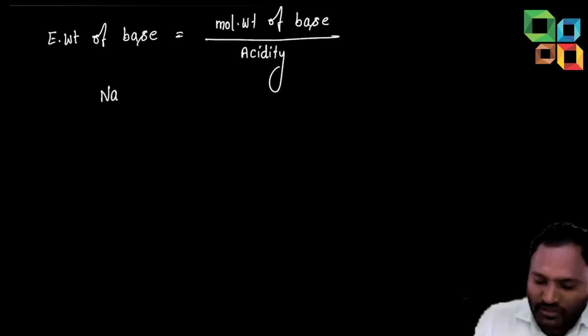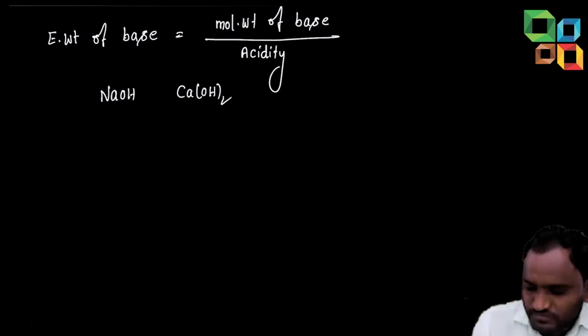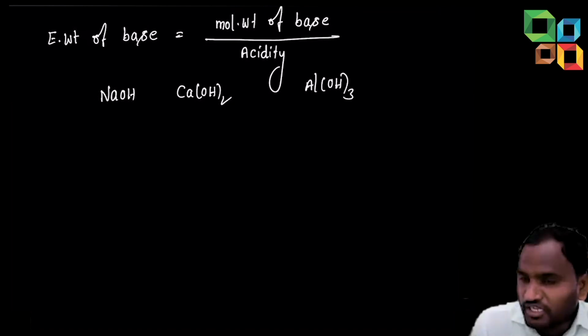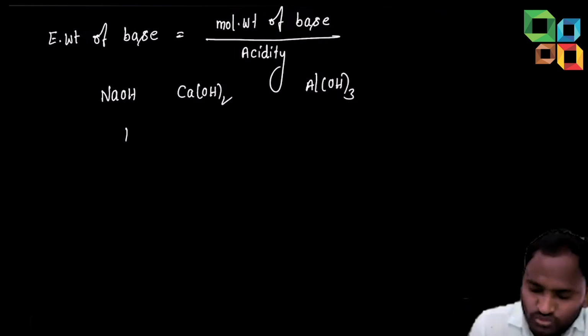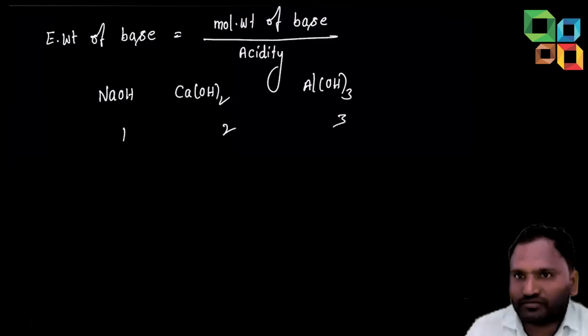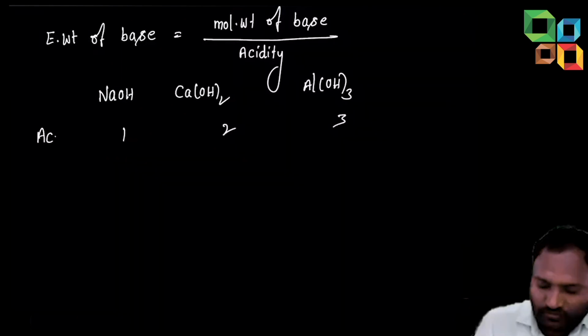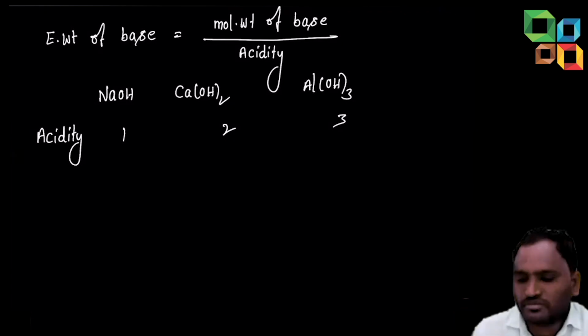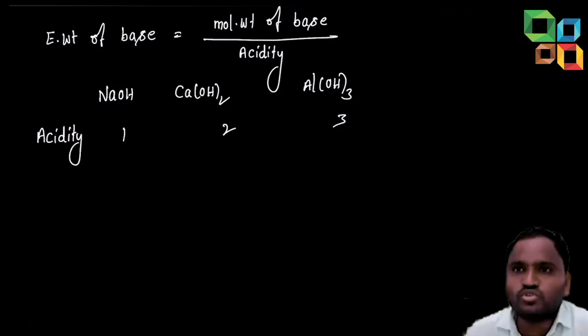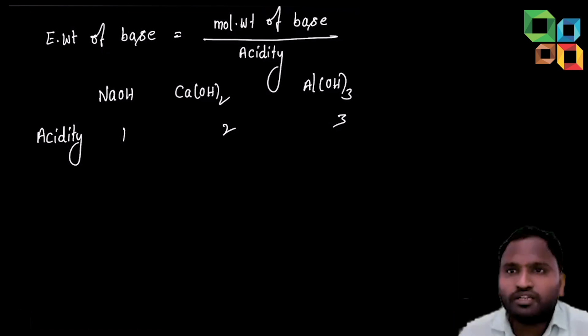Here bases generally contain OH groups. Acidity is the number of replaceable OH minus ions. So here only one OH minus is there, here 2, here 3. Those are the acidities. You calculate molecular weight by acidity. If they are monoacidic, their equivalent weight and molecular weight are both the same.